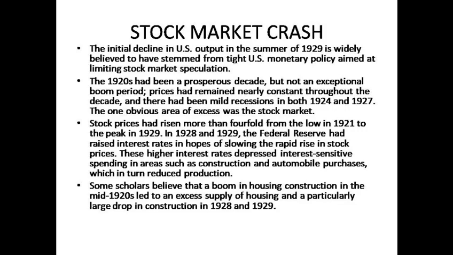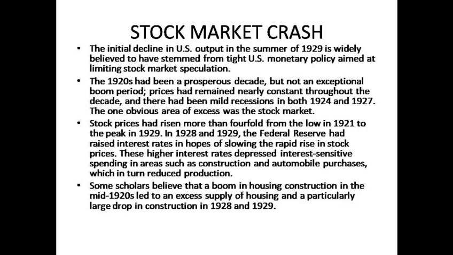In the United States in summer 1929, there was a tight monetary policy aimed at stock market speculation. The stock market had a booming period in the early 1920s, but between 1924 and 27 there was a recession, and this was an obvious reason for the stock market declines. Stock prices had risen fourfold from a low in 1921 to a peak in 1929.